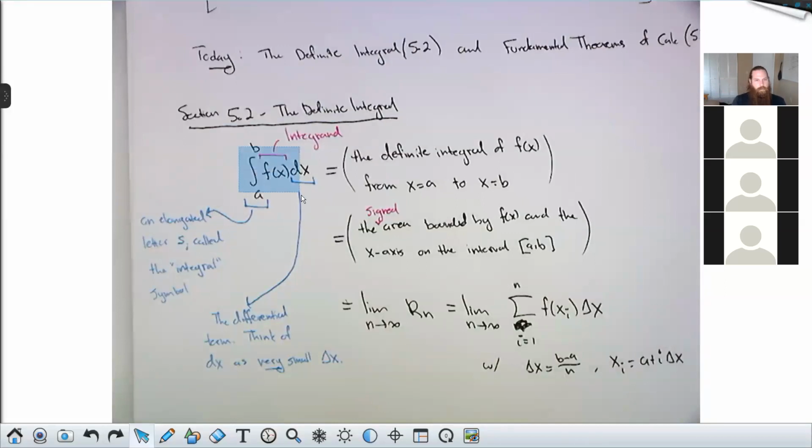So the integral, this thing in black, is the limit of the sum. So kind of the capital sigma here becomes this capital S. The f of xi's are like the f of x, and the delta x is like the dx. Dx can be thought of as an infinitesimally small delta x. So very small. By very small, I mean infinitesimally.